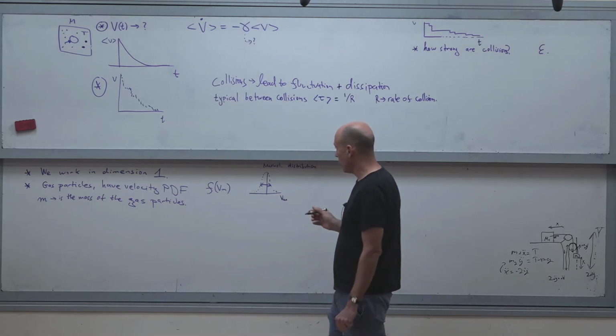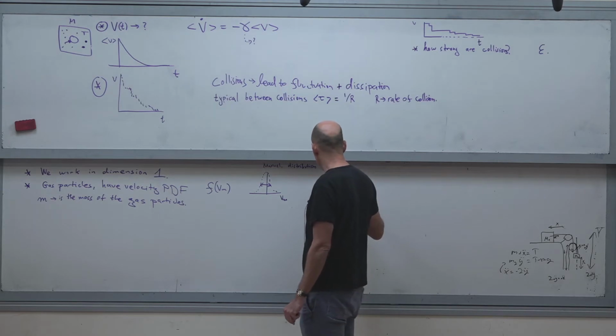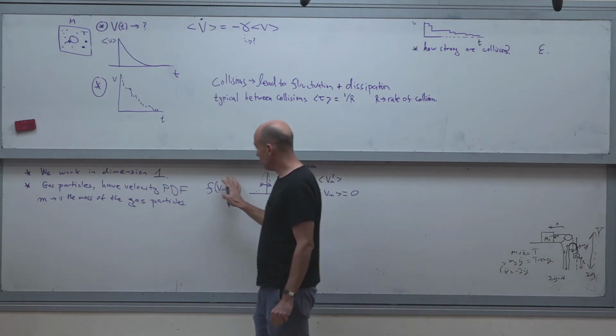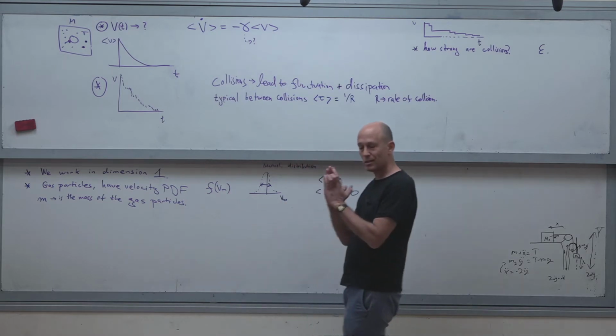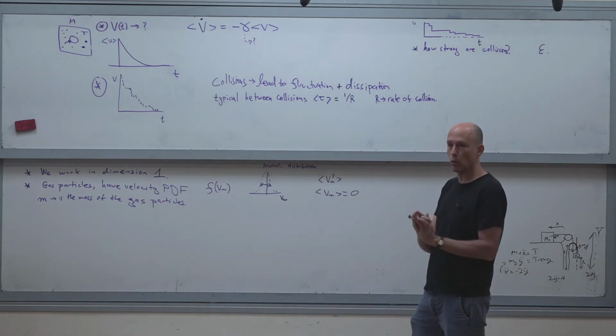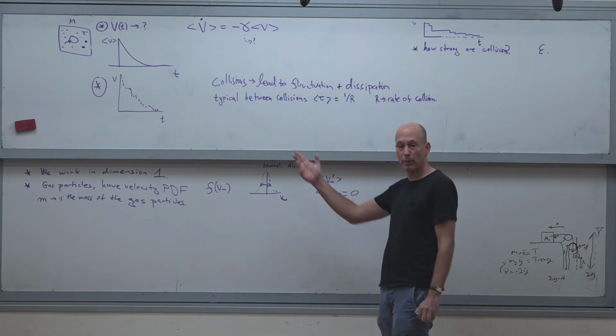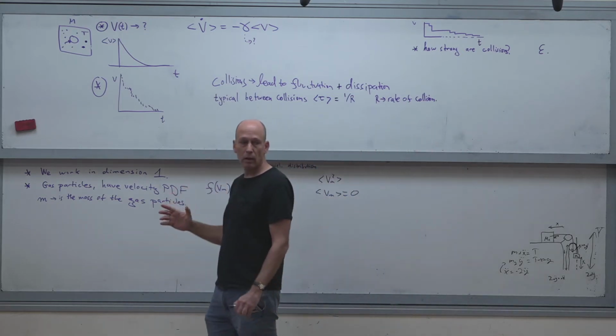If they are Maxwellian, what is v_m squared? First of all, the average of v_m is, of course, equal to 0. We will always assume that the velocity distribution is symmetric and has mean 0. What will happen if we break this? What will happen to the big particle? It will drift.